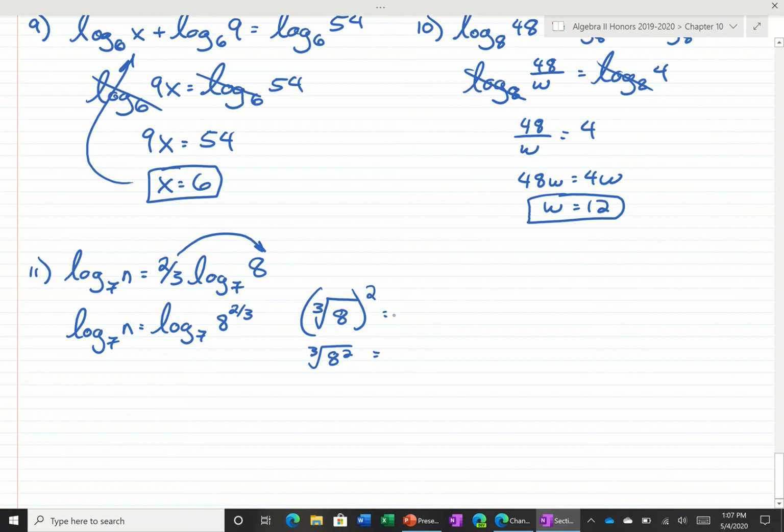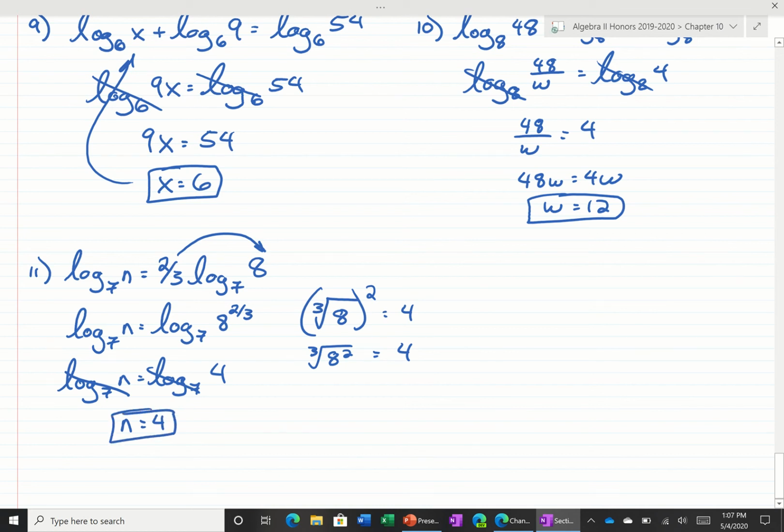No matter which way you do it, you get 2 squared, which is 4. So this just turns into the log base 7 of n is equal to the log base 7 of 4. The log base 7s would cancel, n would equal 4.